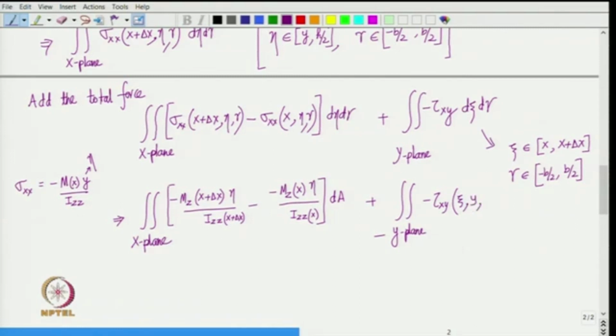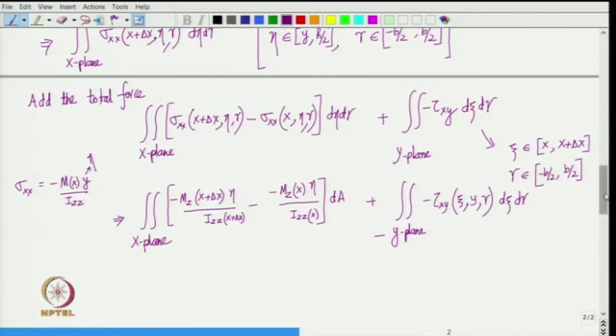See, the y should not be replaced with eta here, because we are talking about the negative y plane, the bottom face of the green element, where the y coordinate is y itself. Okay. So, it is y comma gamma, right, into d zeta d gamma.